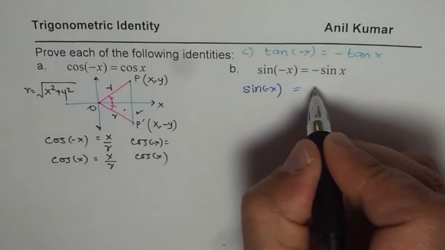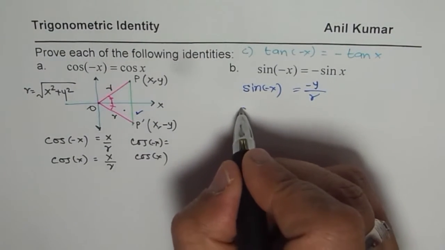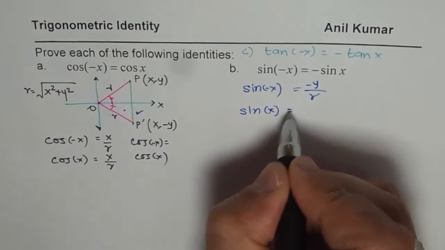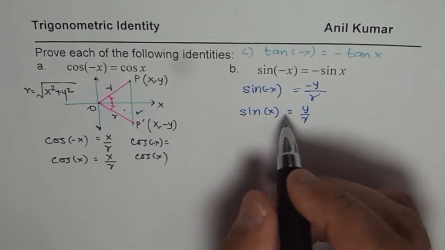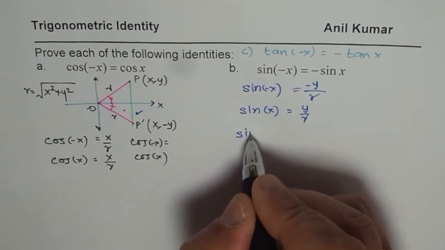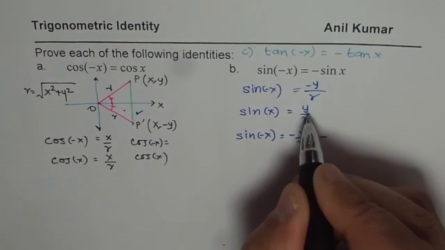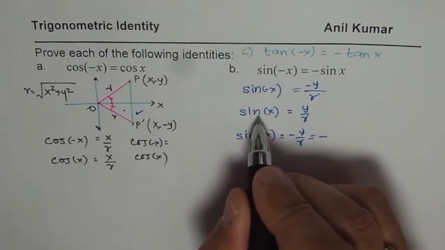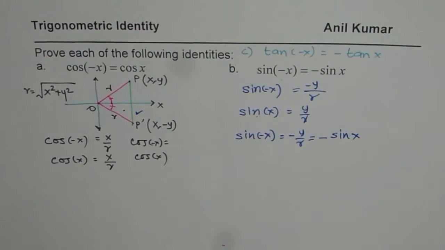So sine of minus x is minus y over r, whereas sine of plus x is y over r. Instead of y over r, let us write sine x. So sine of minus x is minus sine x. That is one way of doing it.